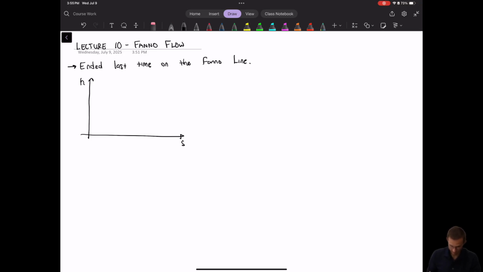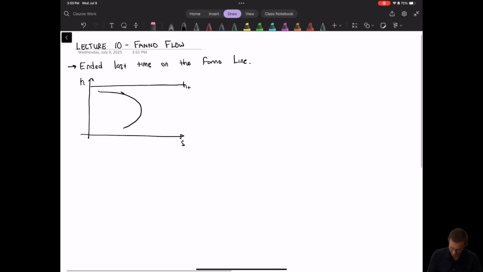Where we can write down the total enthalpy as the horizontal line on the top, and then there's this line here. It's of that shape.